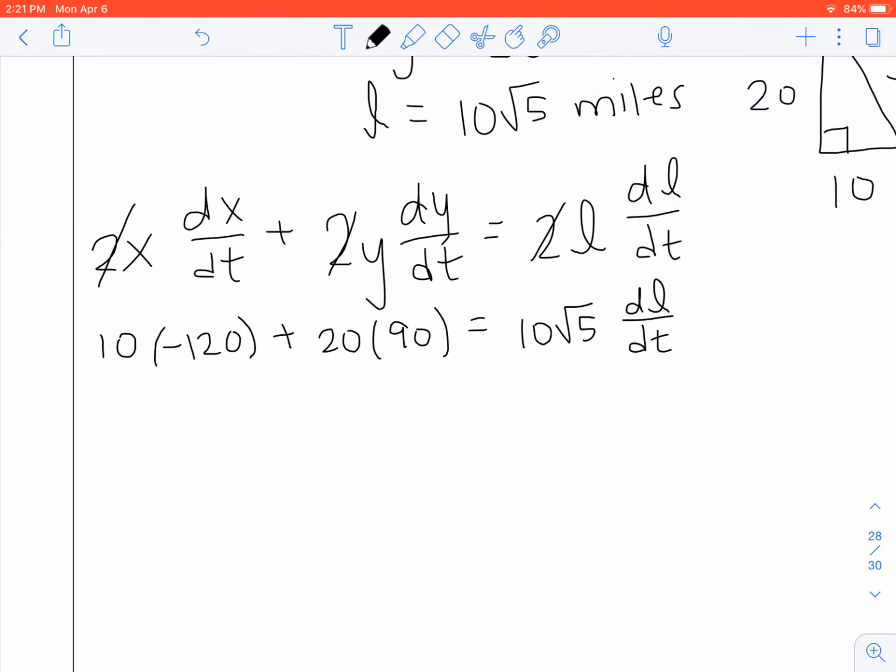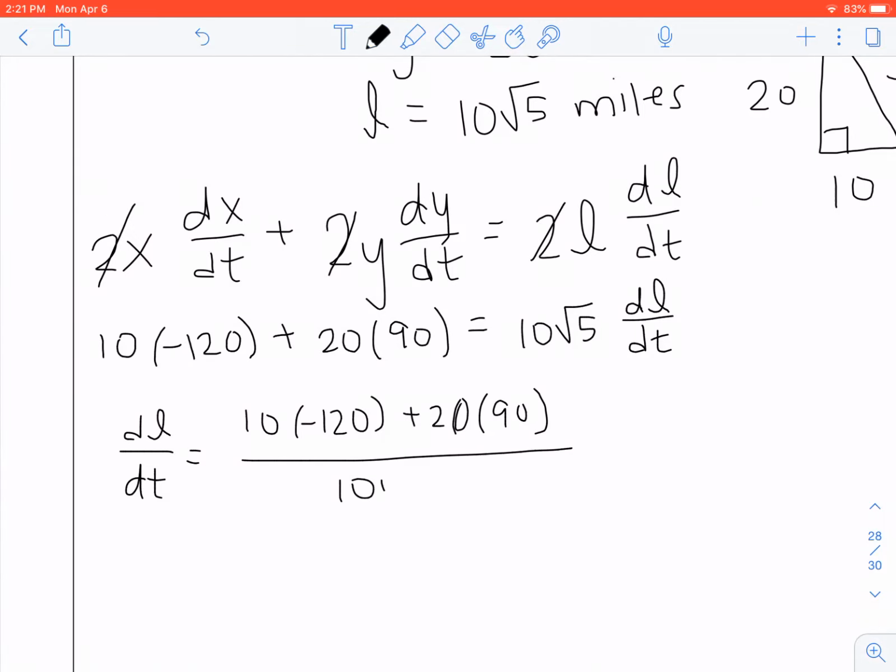So going ahead and solving this for dL/dt, we have 10 times negative 120 plus 20 times 90, divided by 10 square root of 5.